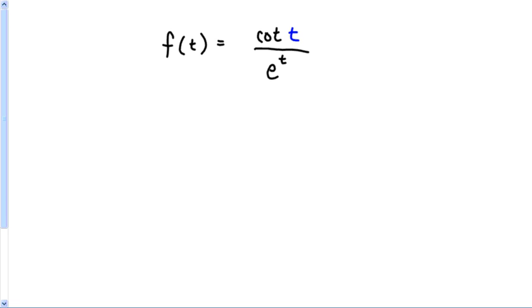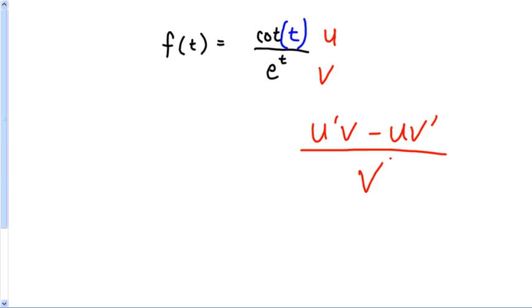And turns out I got one more. Look at this guy. I thought I was done. Cotangent of t over e to the t. Well, the first thing I do is look at this, and what my eyes see is two functions being divided, which tells me I'm going to be doing a quotient rule here. So let's see what we can do.